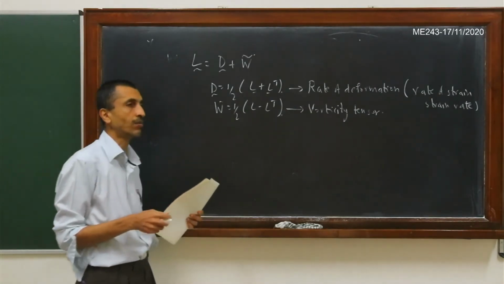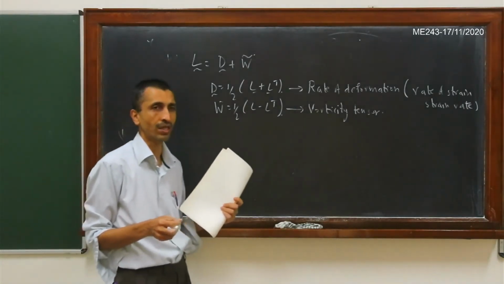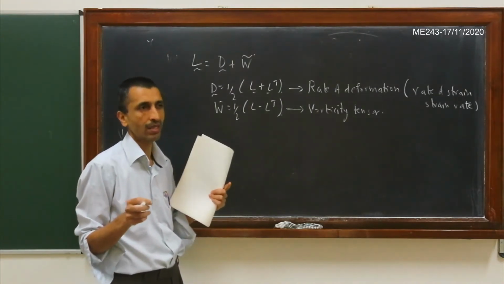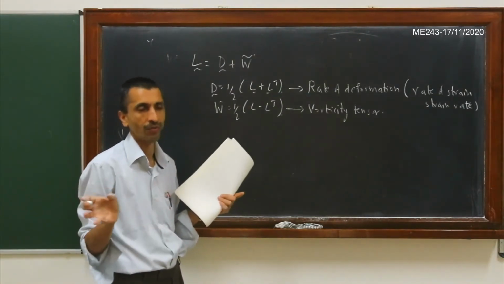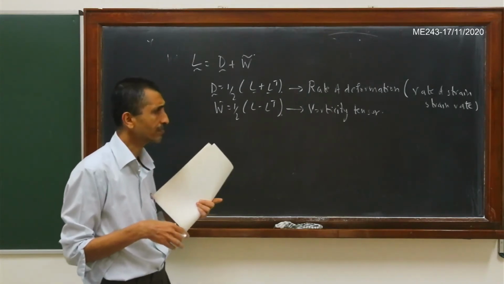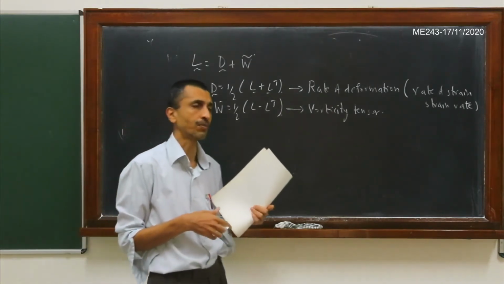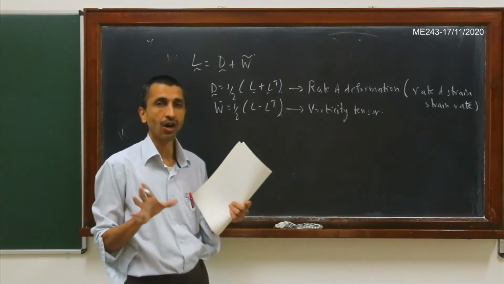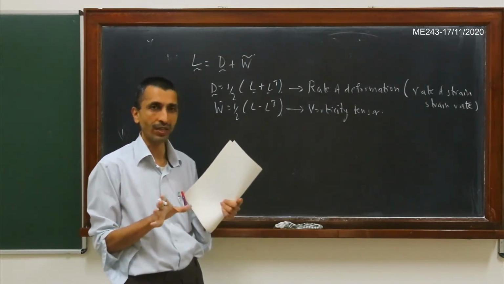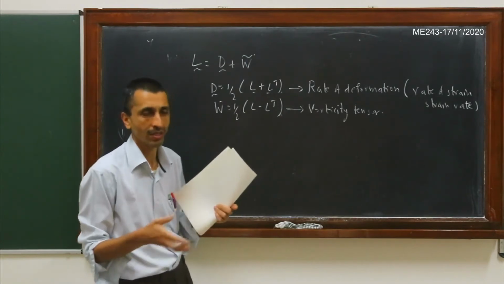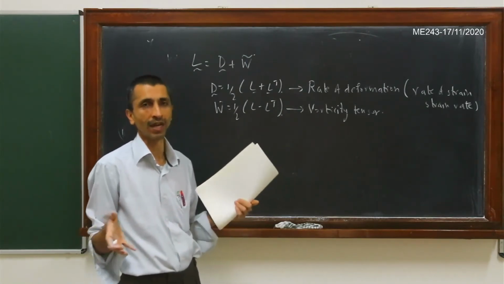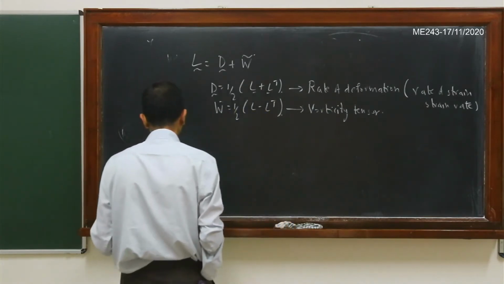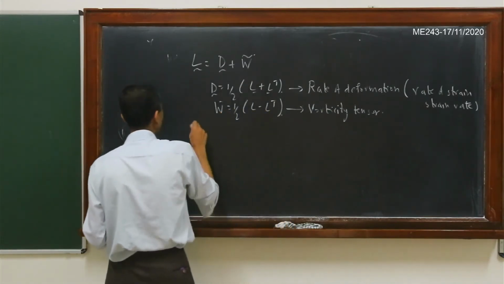A rigid motion is a motion in which the distance between any two points remains the same throughout its motion. So another way of expressing this is that the time derivative of the distance between any two points is 0, correct? Because the distance is not changing with time, so the time derivative of that distance is equal to 0.